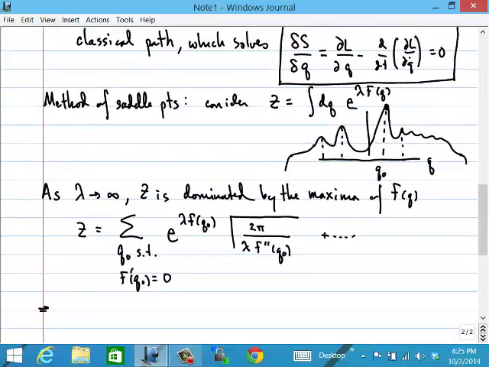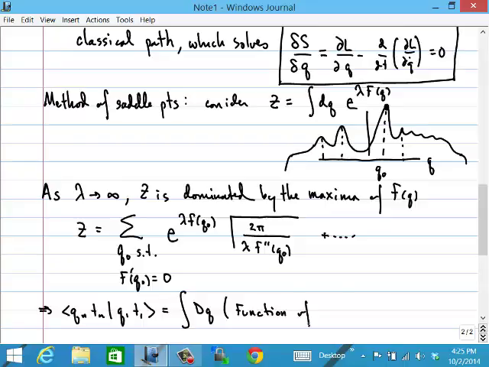So that naturally means that we expect this transition probability to be a sum over all paths of something which is a function of this classical action. So the classical action regarded as a function of the path that you take through configuration space.